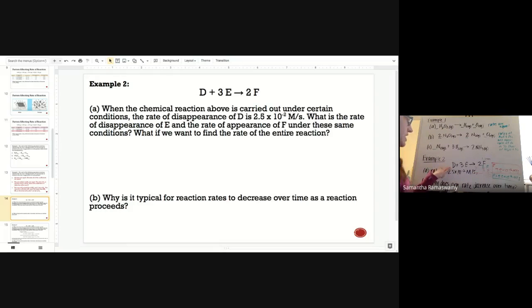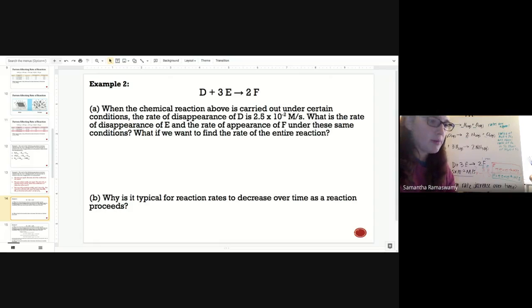So the rate of the overall reaction is also 2.5 times 10 to the negative second. We'll circle back to that once we look at rate laws and rates of reaction. But it's important to keep in mind that if we have 3 E's, the reaction runs 1 time. 2 F's, the reaction runs 1 time. So that's just something to look at with the reaction.